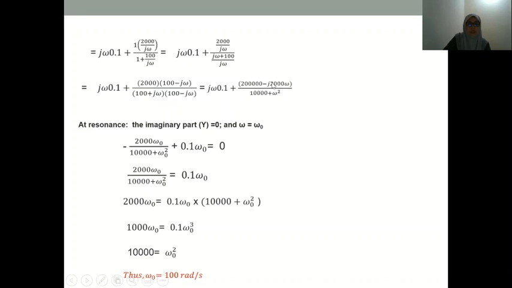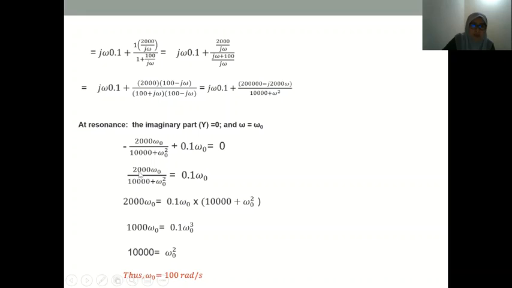The imaginary part is 2000 omega divided by the denominator 10,000 plus omega naught squared, plus, don't forget this part, 0.1 omega. We replace omega with omega naught, and bring this to the other side.